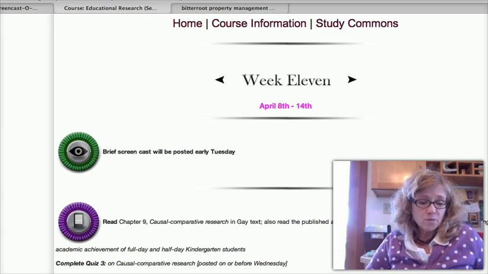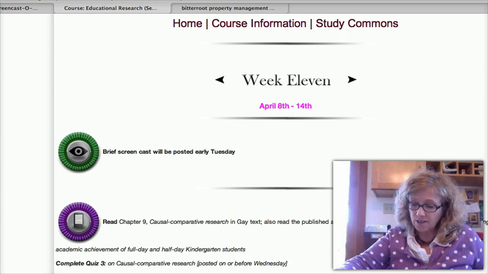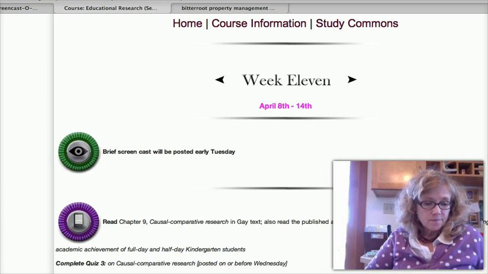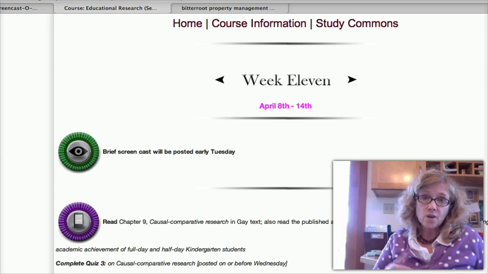So Jenny, or Dr. Wolgemuth, and her colleagues identified some 300, actually I think one group was 283 students, and the other was in the low 200s. So they identified 489 students altogether who had attended either full-day kindergarten or half-day kindergarten programs.